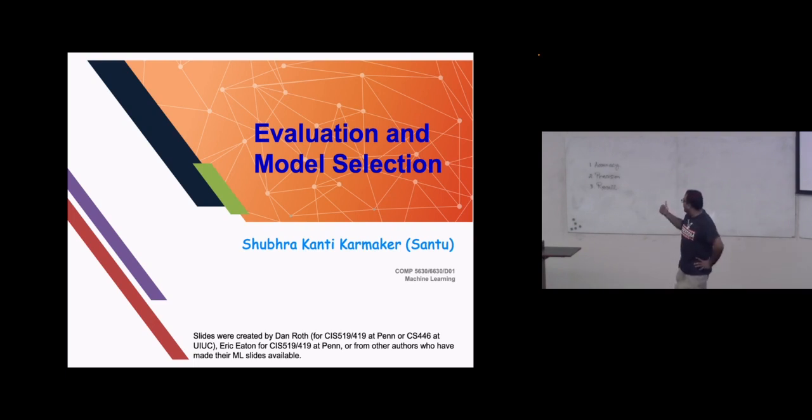Such 2 metrics are precision and recall that we talked about, right? We can compute precision and recall for each particular class, but because the data is so imbalanced, we focused on the minor class, like label 1 in our lecture last time, right? So tell me, what is the difference between precision and recall?